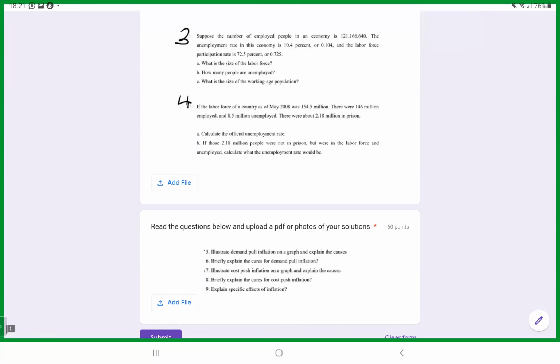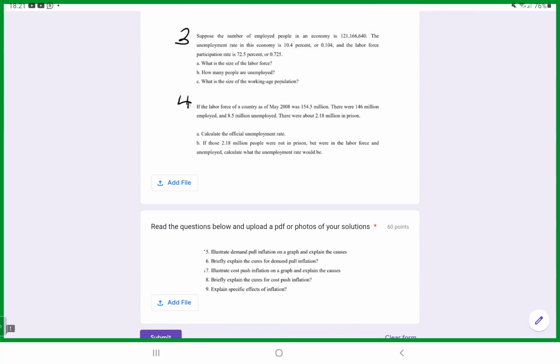Are you following? We are not removing the unemployed. These people in prison are not part of the labor force. Yes, the 2.18 are not part of the labor force. So the labor force is made up of the employed plus unemployed.